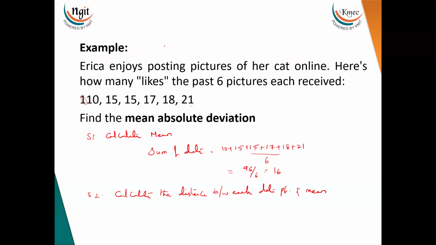So the given data points are 10, 15, 15, 17, 18, and the last one is 21. For the distance from mean, the first data point is 10, and we already calculated the mean, which is 16. So 10 minus 16 is equal to minus 6.